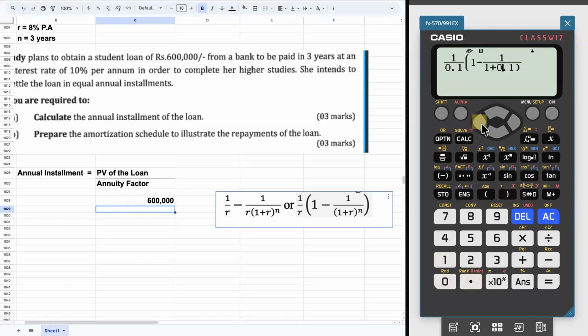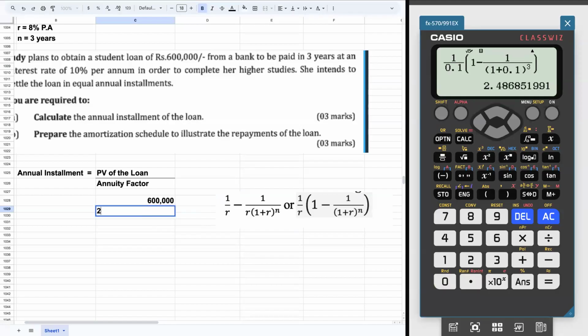You have to put it into the bracket. Then we have a power, the N, which is the 3 years period. Then close the bracket. It gives you the factor 2.4868.